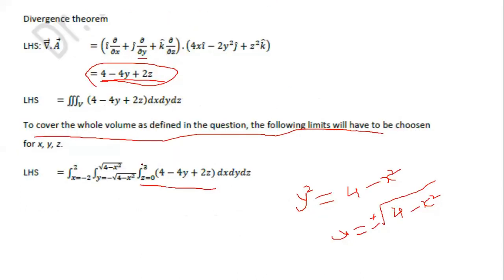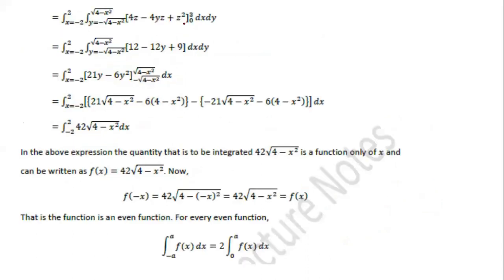First, you have to do the integration with respect to z. So first integrate this quantity with respect to z. Then you will get 4z minus 4yz plus 2z squared upon 2. Then you put the limit of z as 0 to 3, and this is what you will arrive at. After this, integrate this function again with respect to y.